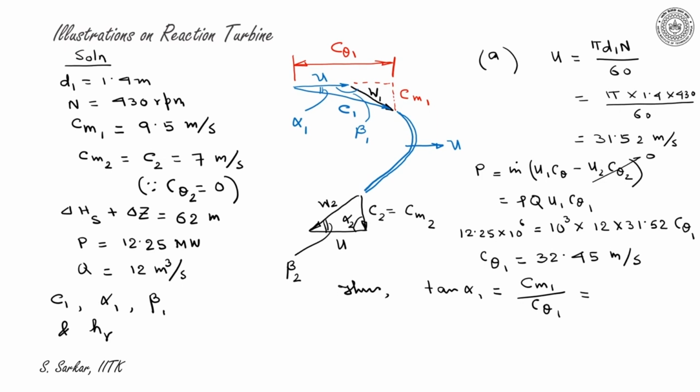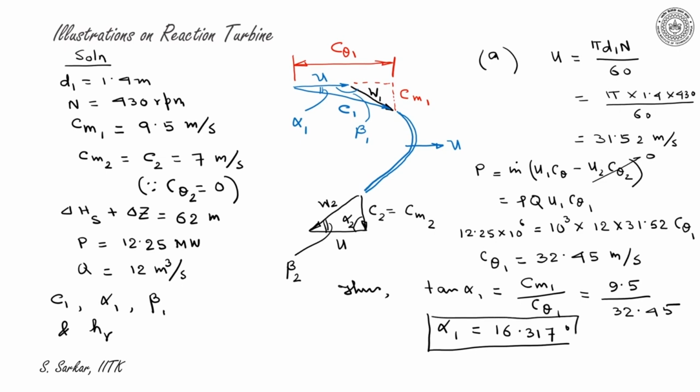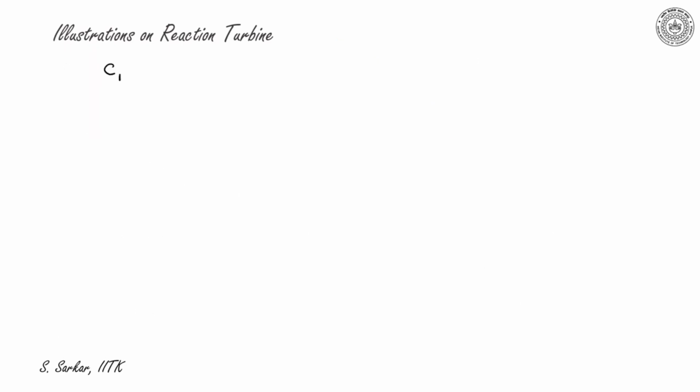Now C1 is equal to root over C theta 1 square plus Cm1 square from inlet velocity triangle. That would be equal to root over C theta 1 has been calculated as 32.45 square plus Cm1 is given as 9.5.